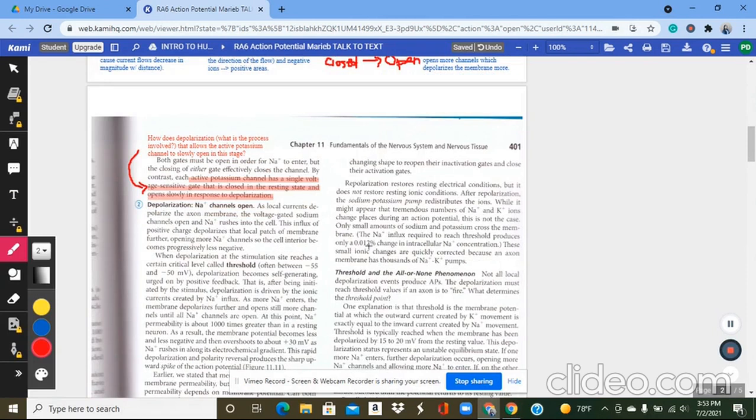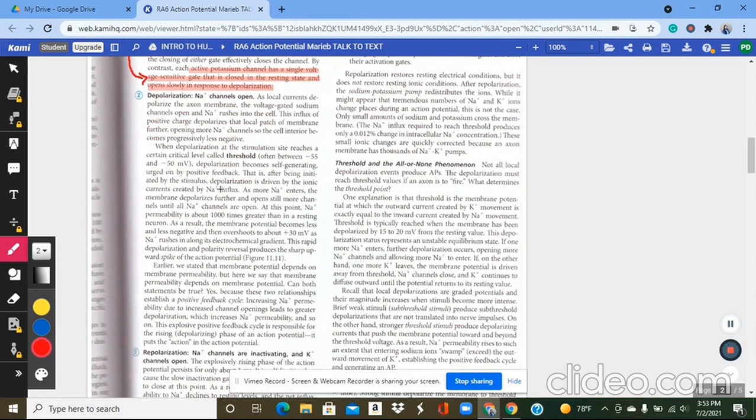So the second phase is depolarization, in which the sodium channels open. As local currents depolarize the axon membrane, the voltage-gated sodium channels open and sodium rushes into the cell. This influx of positive charge depolarizes the local patch of the membrane, further opening more sodium channels, so the cell interior becomes less negative.